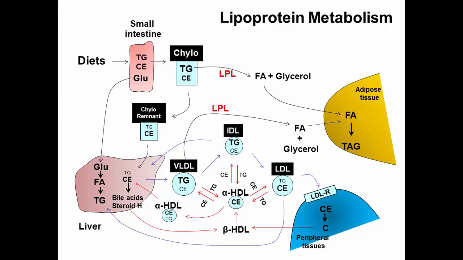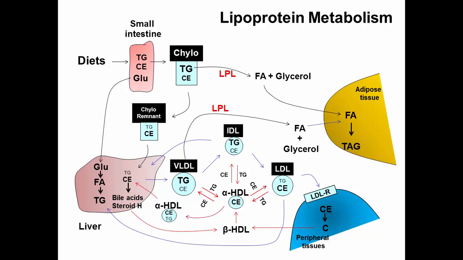So the liver picks up the remaining triglyceride from chylomicron remnant, and also the liver takes up glucose, right, and glucose can be converted to fatty acids through the de novo lipogenesis pathway, and fatty acids are esterified to triglyceride.